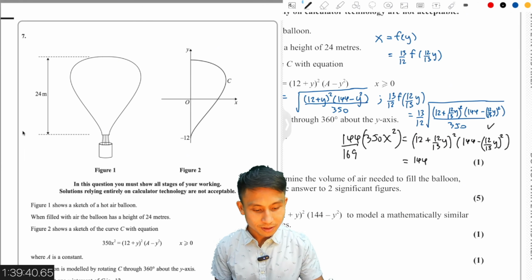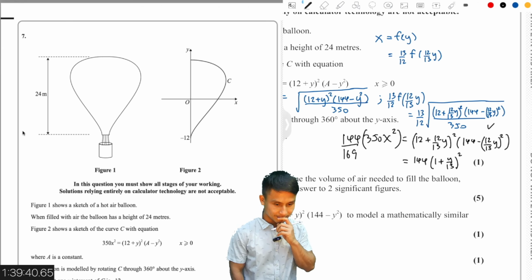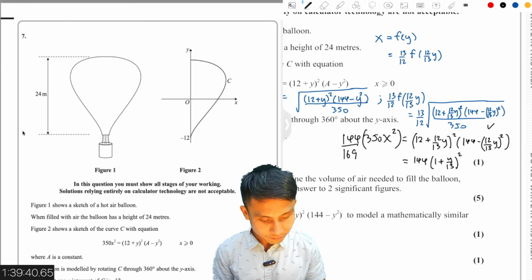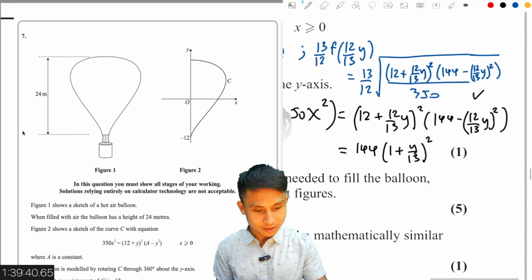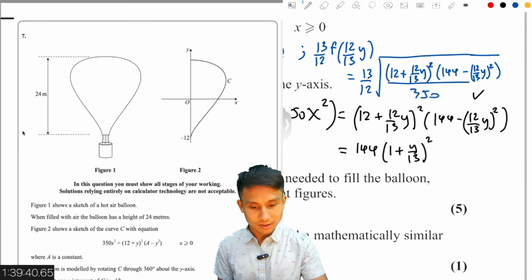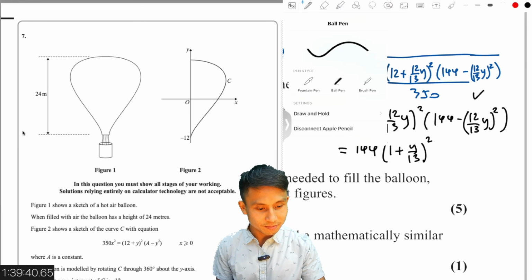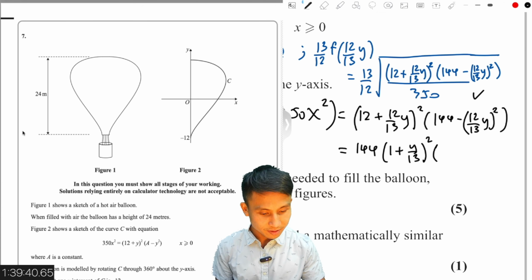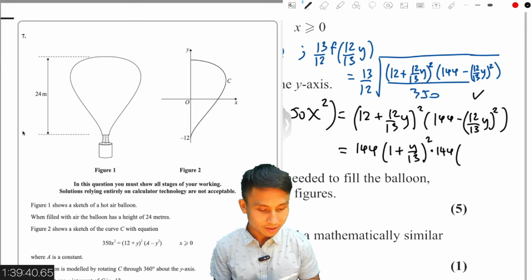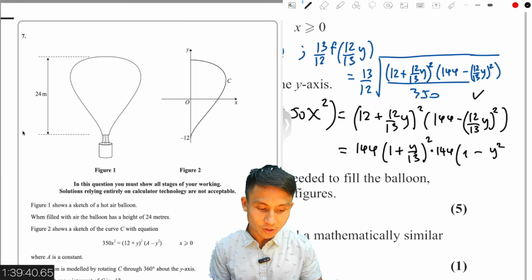All right. And that would just be 1 plus y over 13 overall squared. Okay. Well, if you simplify the other part, if we pull 144 out as well, that's going to be 1 minus y squared over 169, isn't it?